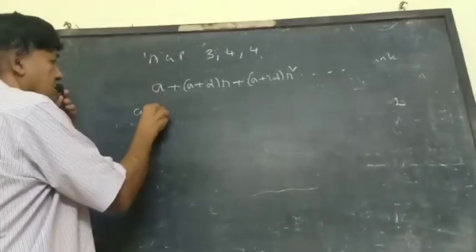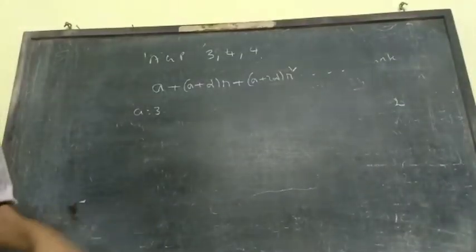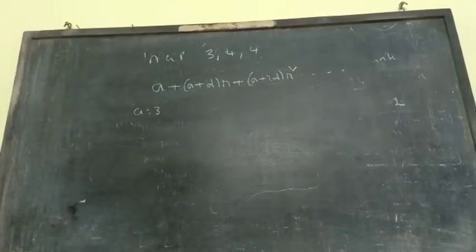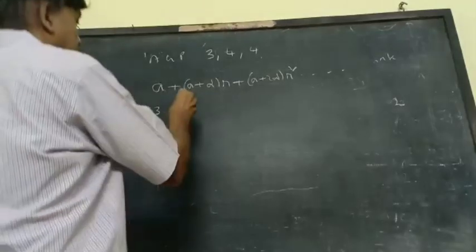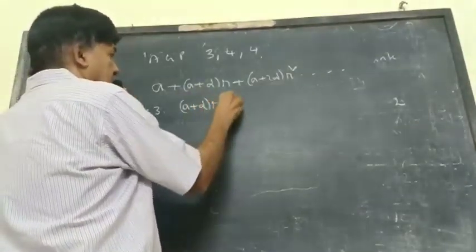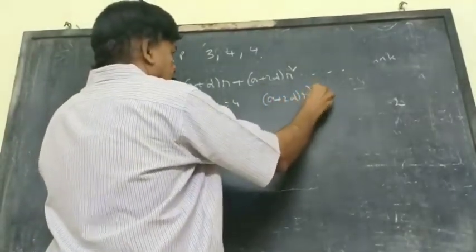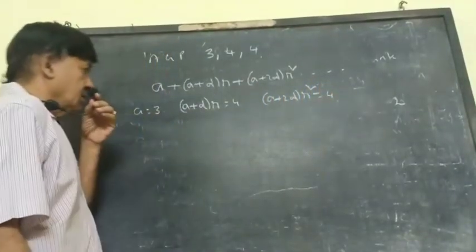A is equal to 3. A plus D into R is equal to 4. A plus 2D into R square is also 4.